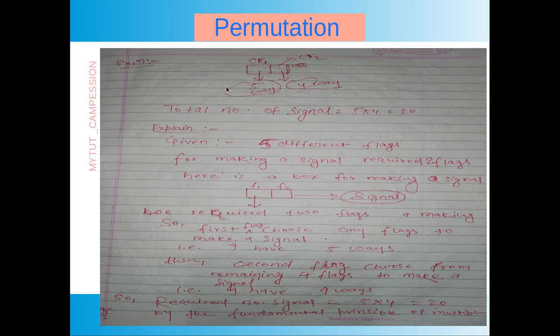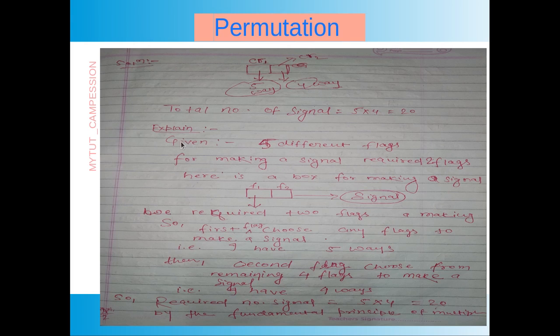So first select a flag in 5 ways, then select the remaining flag to make a signal in 4 ways. So one signal is generated by using 5 into 4. So the total number of signals generated is 20. To complete the task, we use the AND sense here.